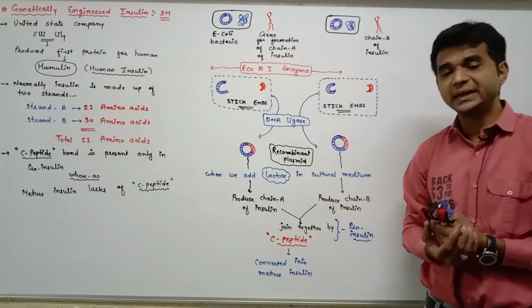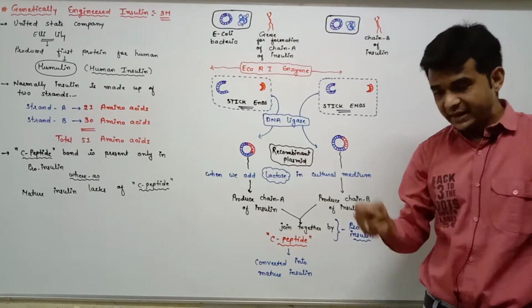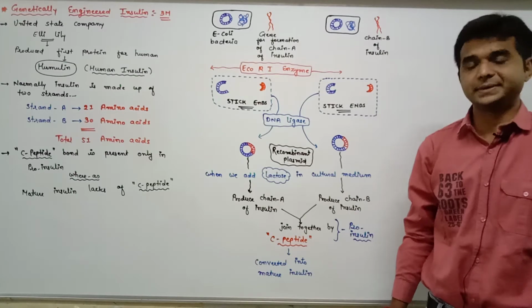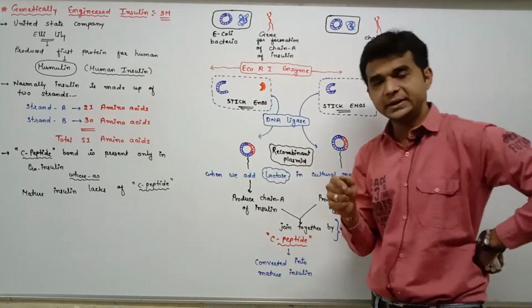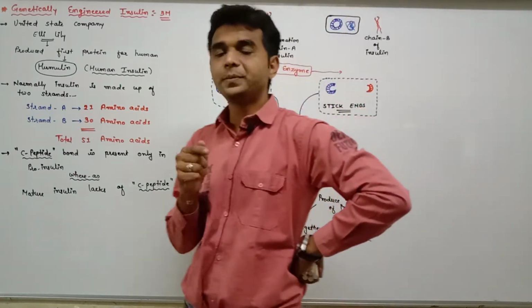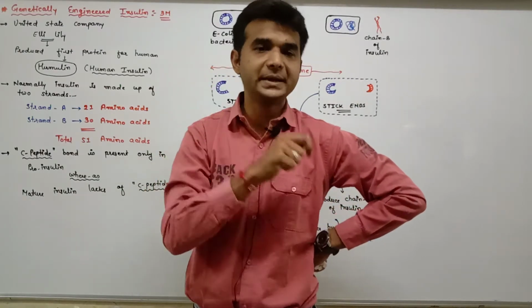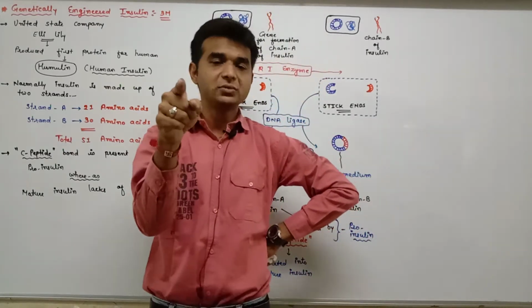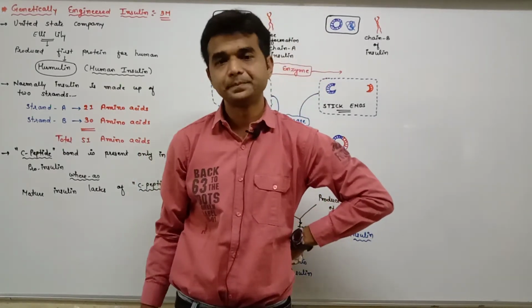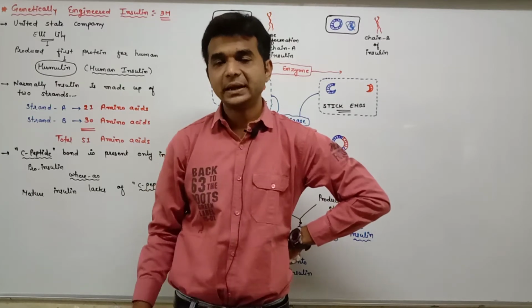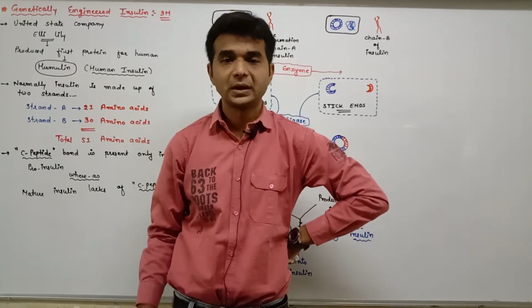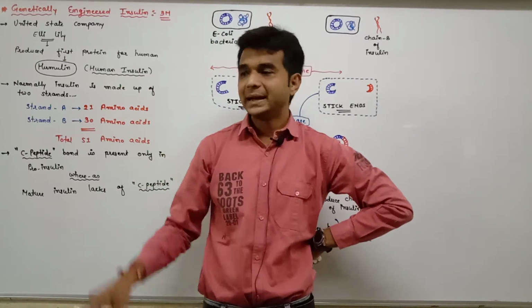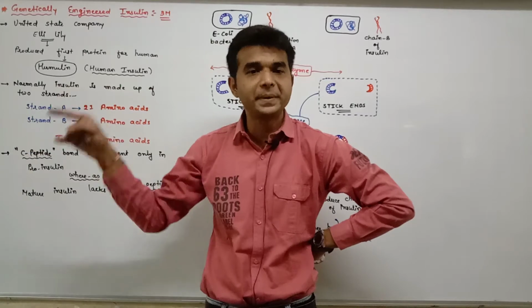Previously, many years ago, by giving a sugar injection to a pig, the pig's pancreas produced insulin, and then we isolated that insulin from the pig's body, and that insulin is of animal origin. We introduced it into the diabetic patients.